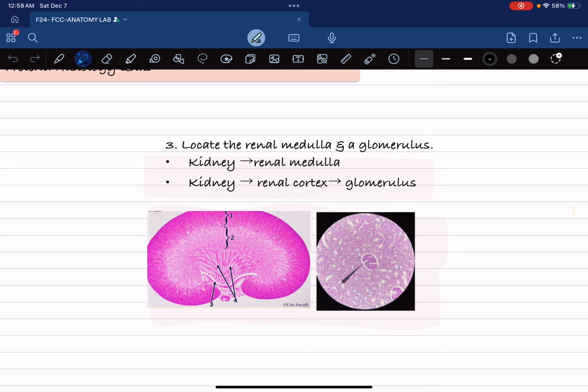We know that the renal medulla is the inner part because the renal cortex, C for cortex, looks like a C, and the renal medulla kind of looks like an M, if that makes any sense. And looking for the glomerulus in the renal cortex can be identified right here, a starker portion.